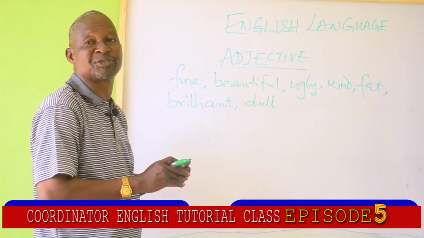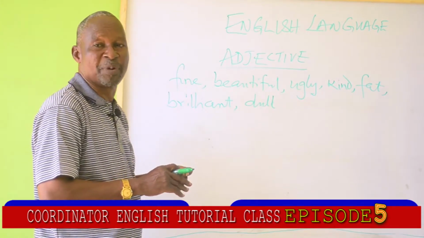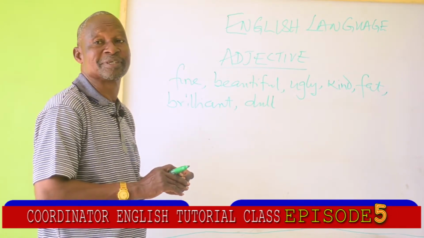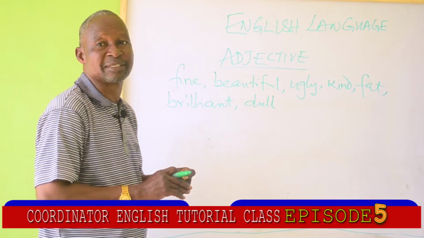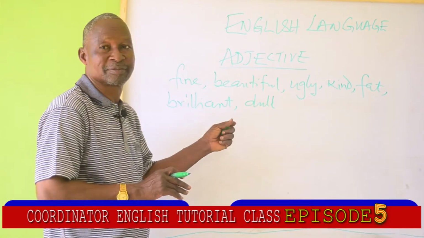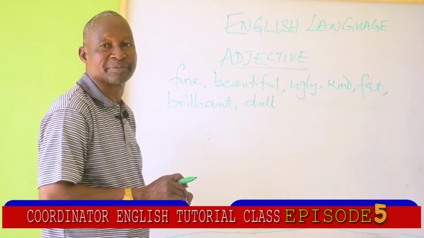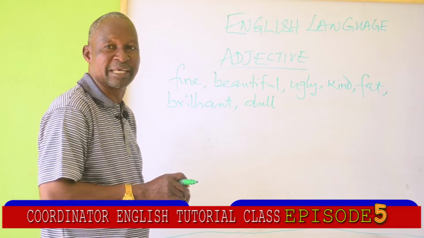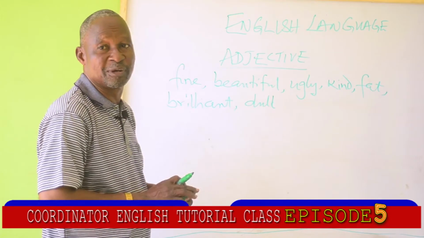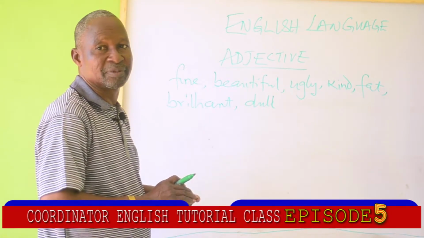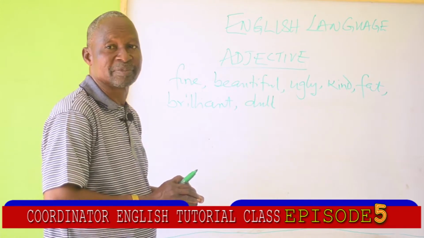The word brilliant qualifies student. So brilliant is an adjective there. I don't like a dull boy. The word dull there qualifies the word boy, the noun boy.